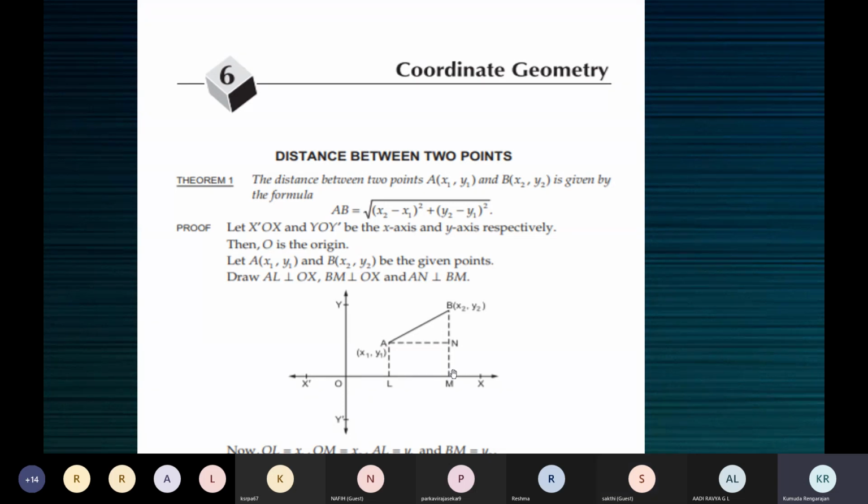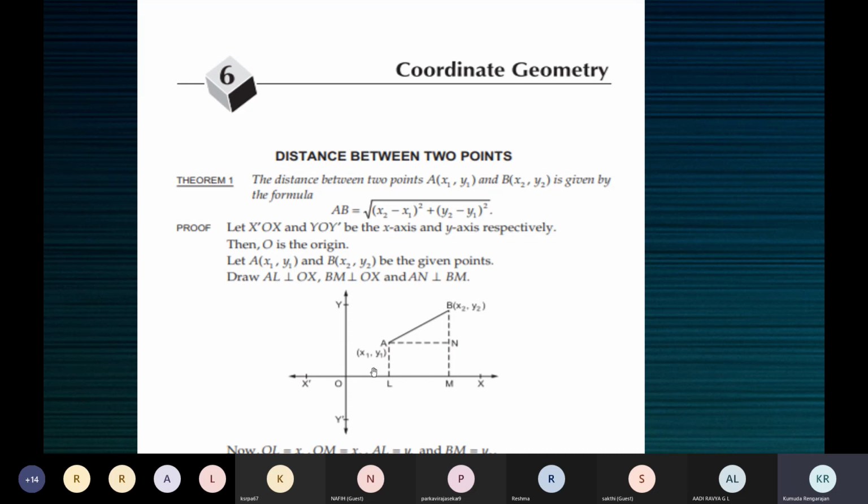I'm not talking about this point. I'm talking about the length from here to here. You have marked 1, 2, 3, 4, 5, 6, 7, 8, 9, 10. On the x-axis, this will be marked 10.